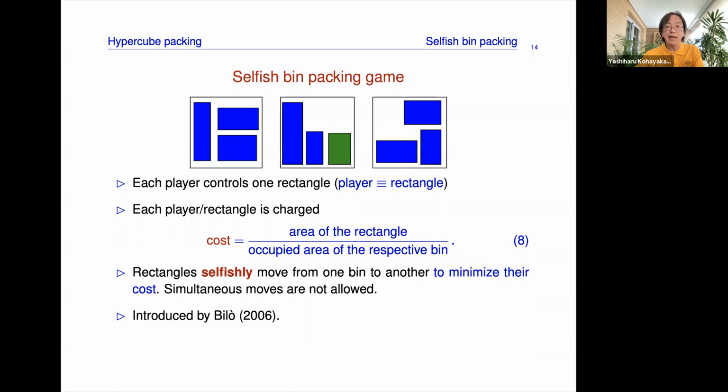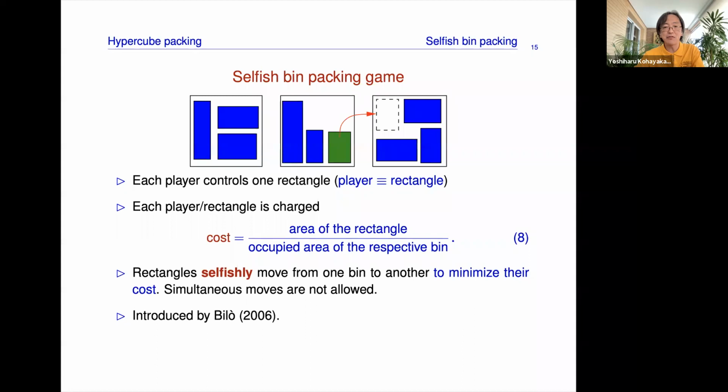Now we think of these rectangles as players, and this green guy is watching where it could go to pay less. So for instance, the green guy now could consider moving to the 3rd bin. Clearly in the 3rd bin, you have a much bigger occupied area. So the green is a smaller proportion of the occupied area, right, if green moves there.